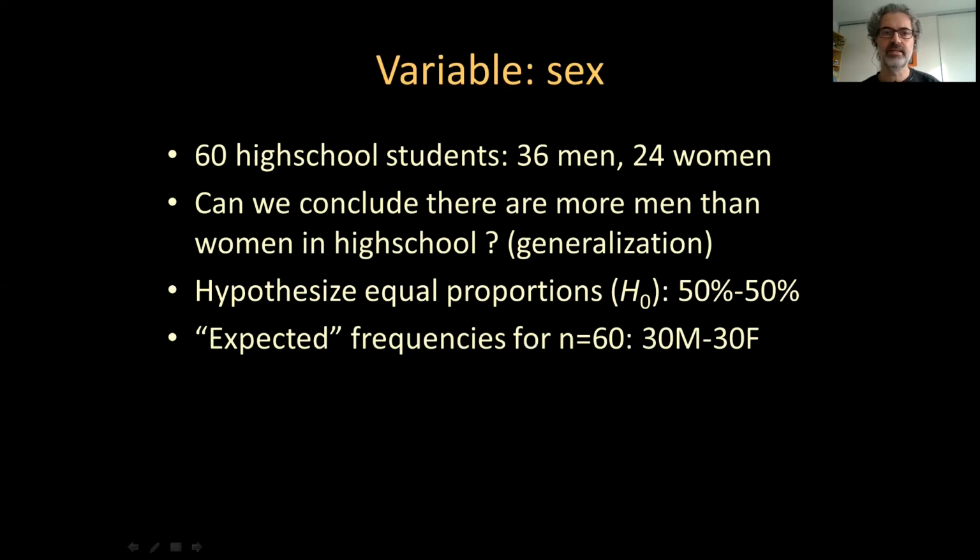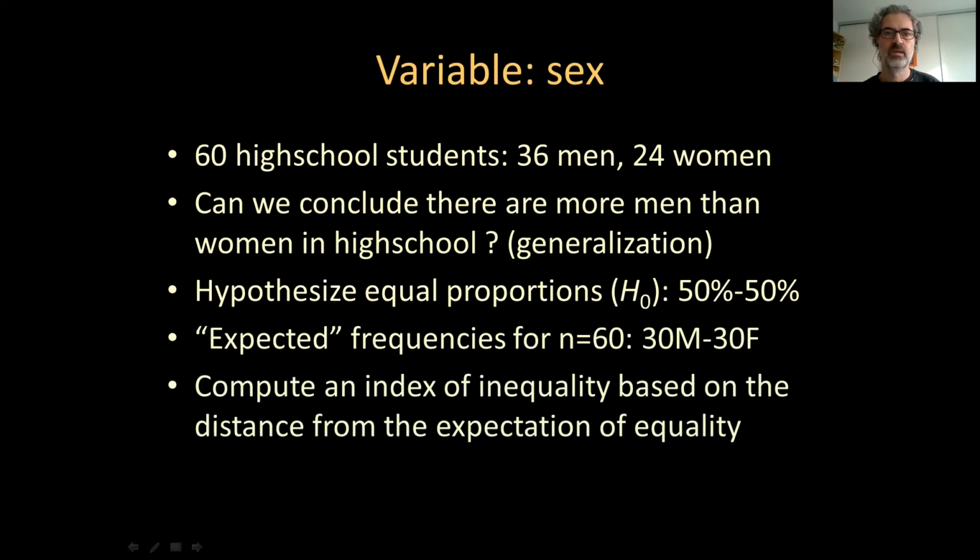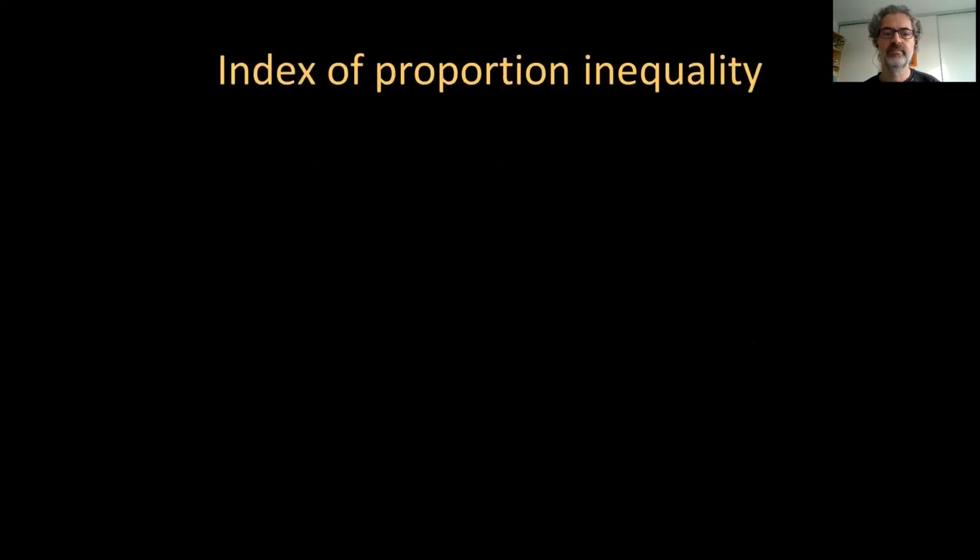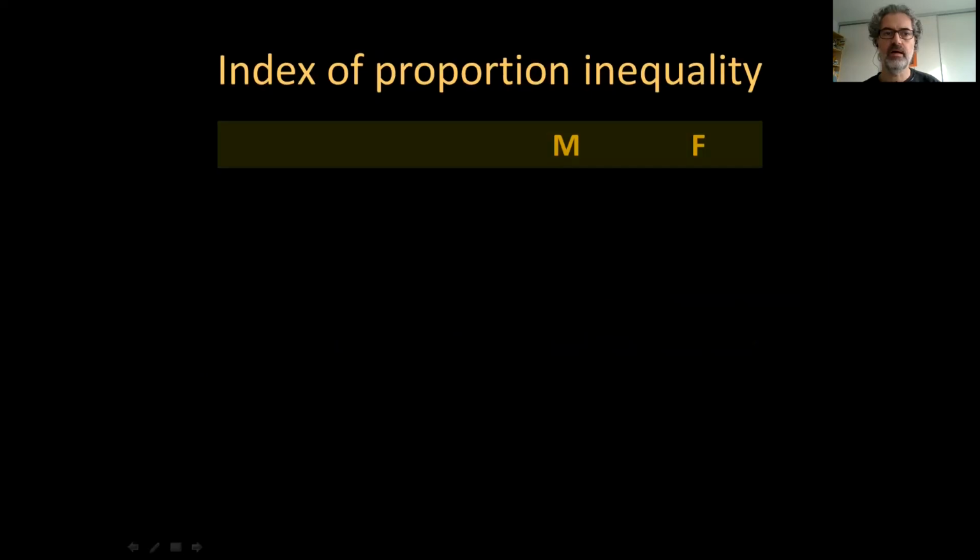Instead, we got 36 men and 24 women. How can we quantify this deviation from the expected numbers? What we have to do is calculate an index of inequality based on the observed distances from the expectation of equality. Let's see how that's done. The first thing we have is our observation.